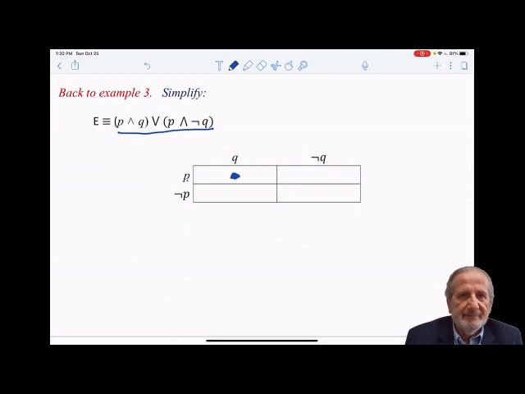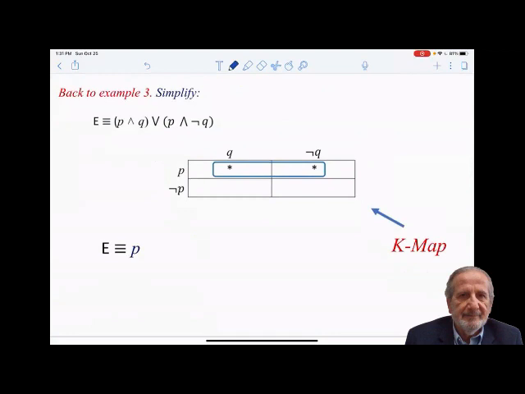And the other one is P and not Q. Now the idea here is to cover all these dots by the largest possible blocks of 2, 4, 8, etc. So here you have to take these 2 together. If you take these 2 together, Q cancels not Q, the answer will be P.